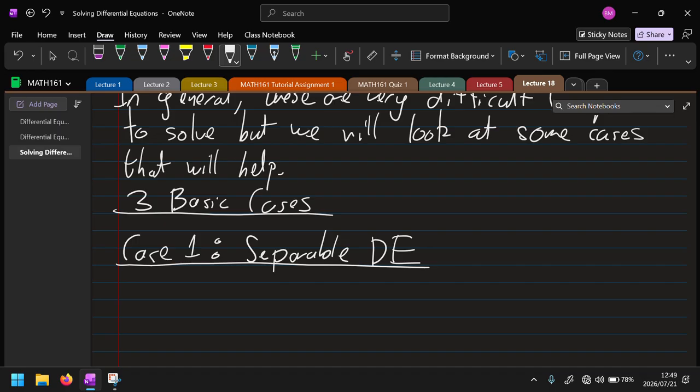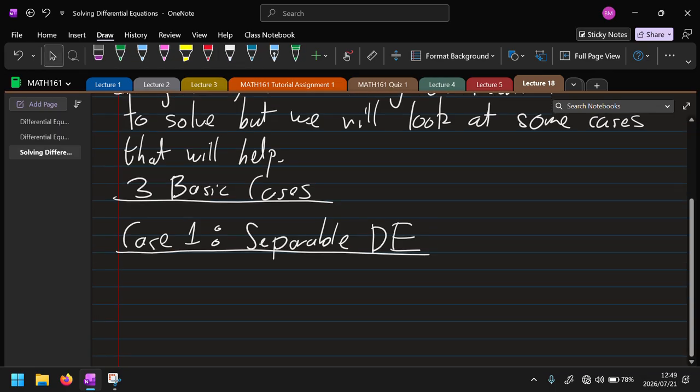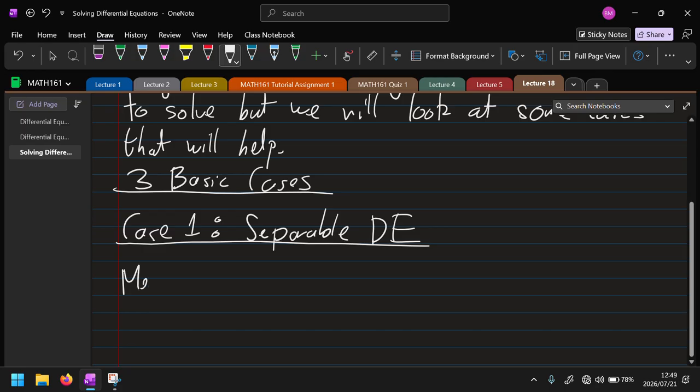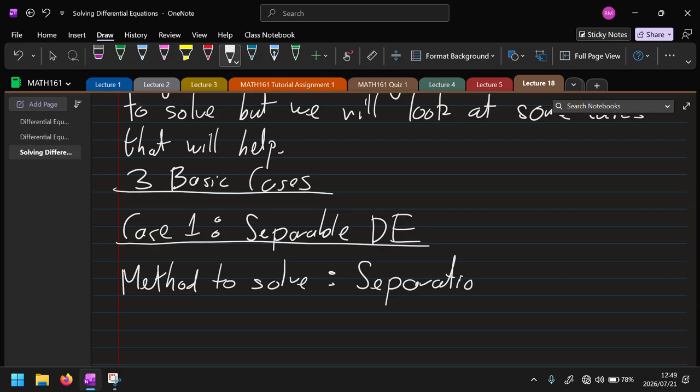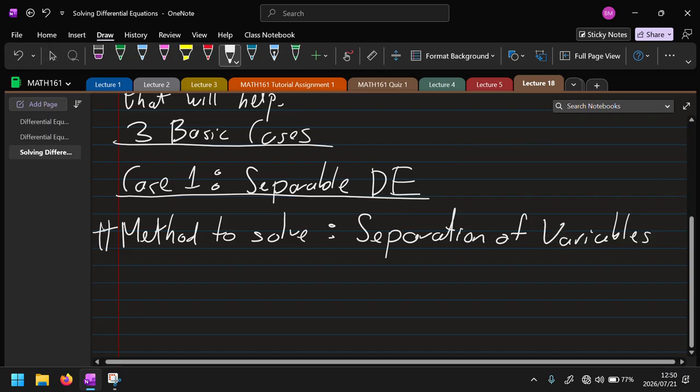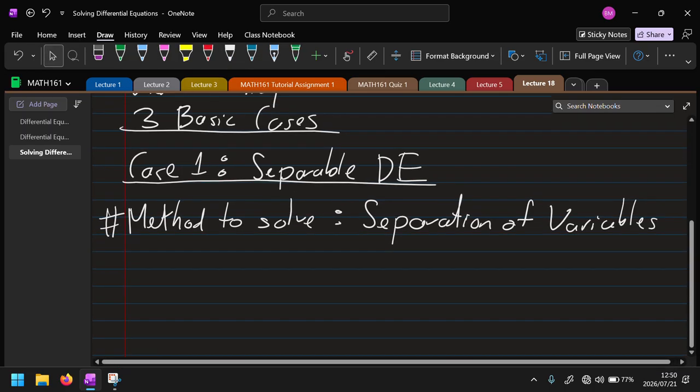Otherwise, try something else. Okay, and then the method used to solve this is called separation of variables. So that's the method that we're going to use.